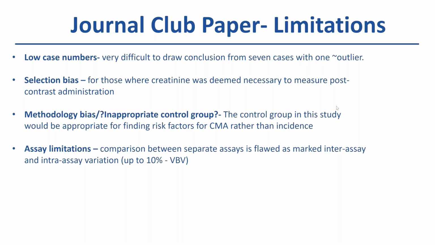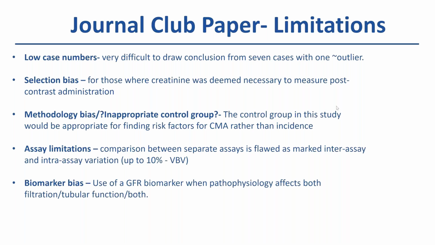So can we say, if they measured it on an iStat or an EPOC at the referring vet, and then measured it on that Beckman Coulter after the procedure, is that difference truly a change in creatinine or a change in GFR, which I guess we're probably seeing in the patient, or is it just due to the variation between the machines, with variation in assays?